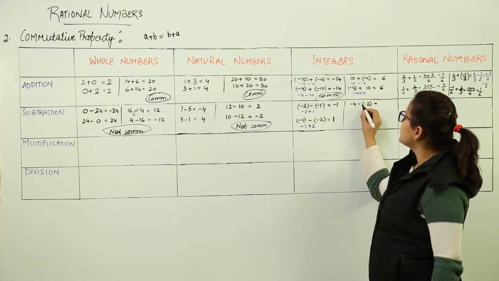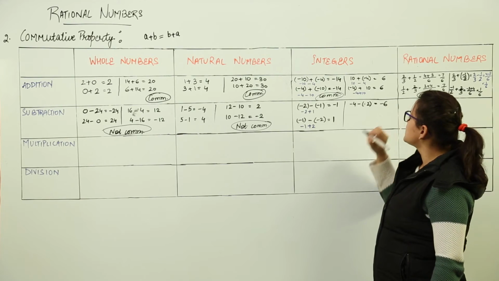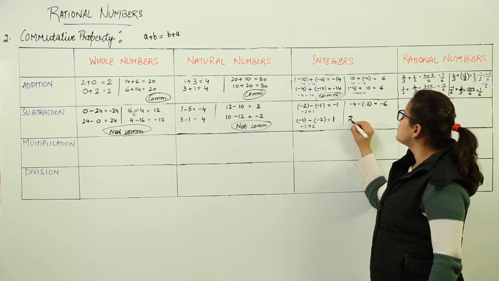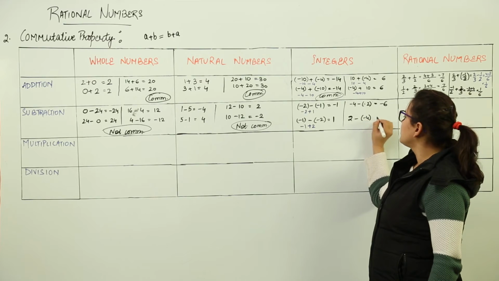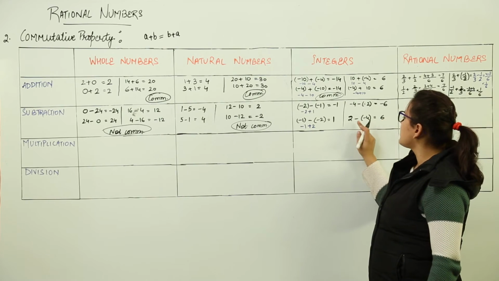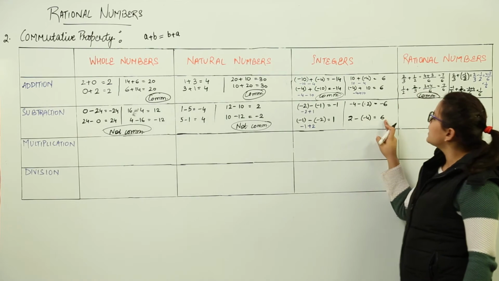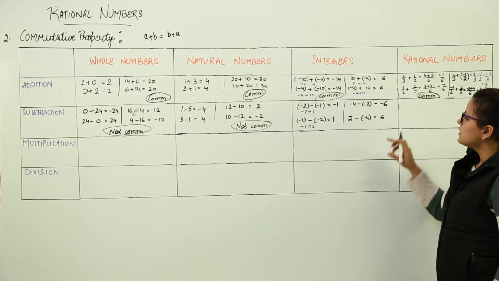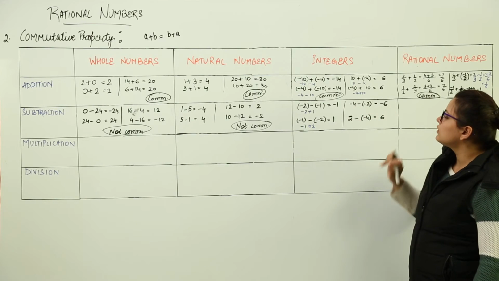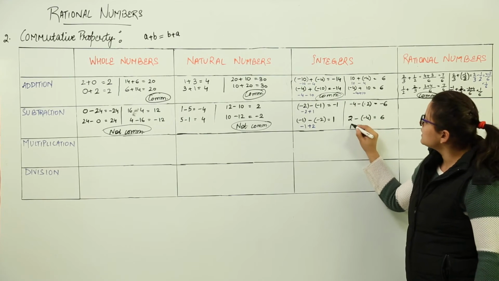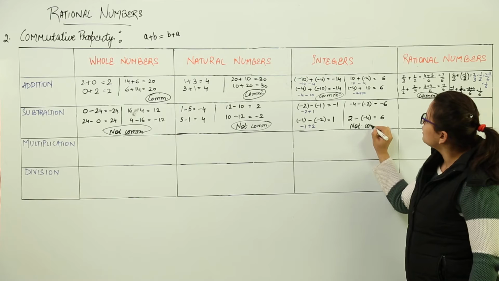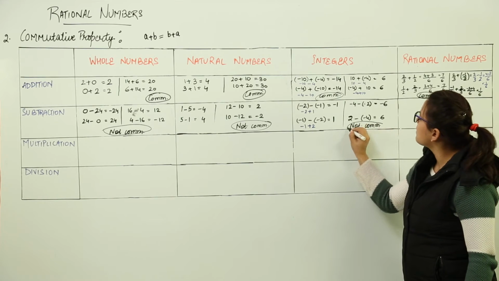This becomes minus 4 minus 2 becomes minus 6, and 2 minus minus 4 becomes plus 6. Why? Because minus minus will get multiplied and become plus. So we will get plus 6 here. Again, you can see the answers are not coming out to be same. We can say that this property is not commutative.